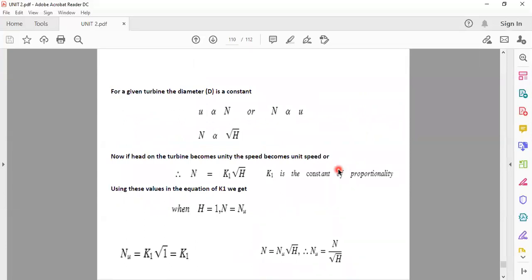So from the above equation, U is directly proportional to N. So N is directly proportional to under root of H. N equal to K1 under root of H, where K1 is the proportionality constant. Now for unit conditions, we put H equal to 1 and N equal to Nu. After putting this value, we are getting Nu equal to K1. So N equal to Nu under root of H, which means unit speed equals N upon under root of H.